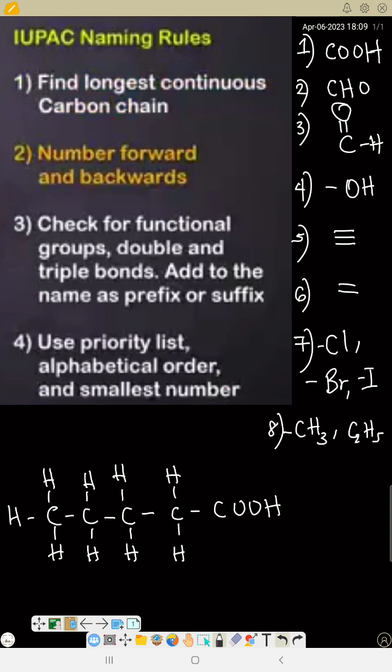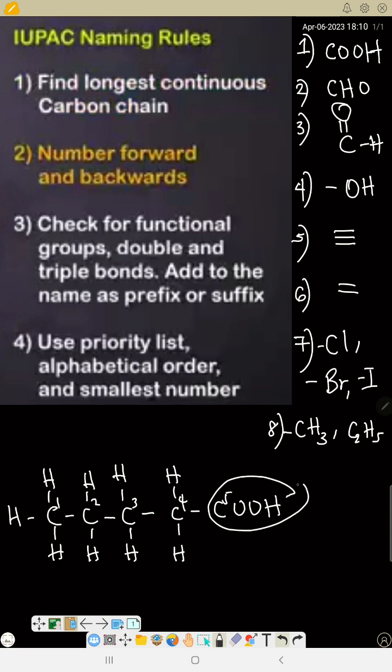If you look, this is COOH, that is alkanoic acid. So count the longest continuous carbon chain: 1, 2, 3, 4, 5.